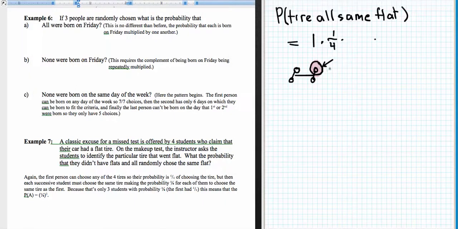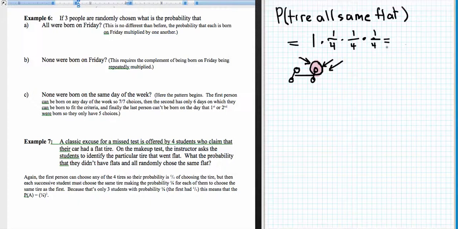And so they have a 1 in 4 chance that they choose that same flat tire. And then the third person also has to have that same flat, and so they have a 1 in 4 probability of choosing that same flat tire.